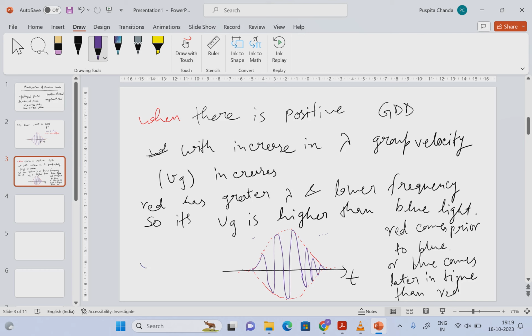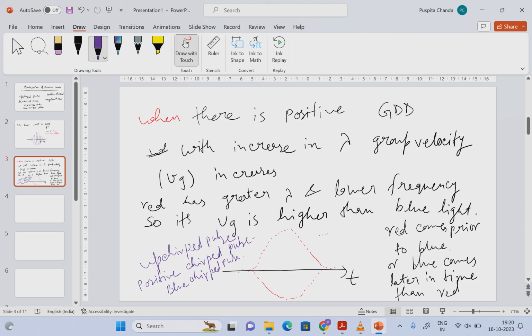So this is called an upchirped pulse, positive chirp pulse, or blue chirp pulse.